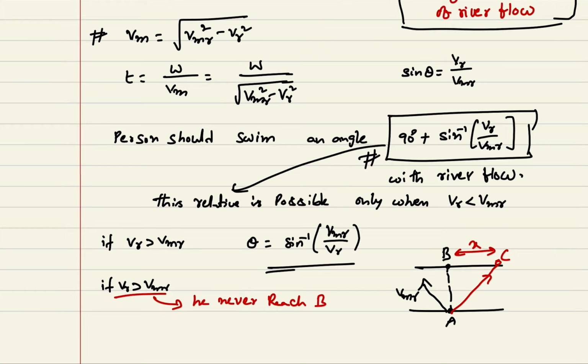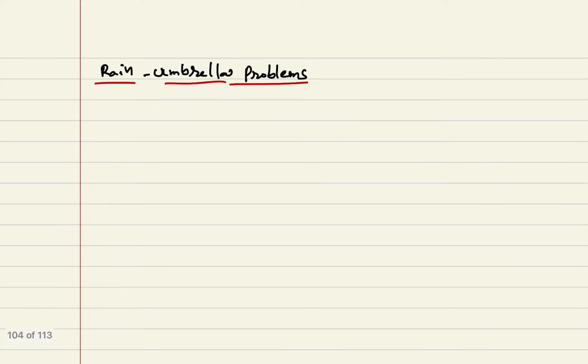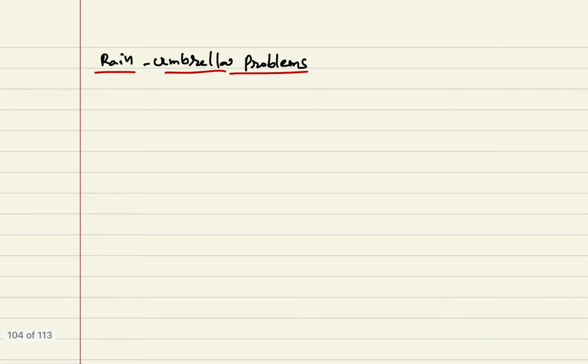Now we are moving to some other relative motion, like rain umbrella problems. Observe this carefully. Let us consider that a man is standing here on the road. The man is at rest.